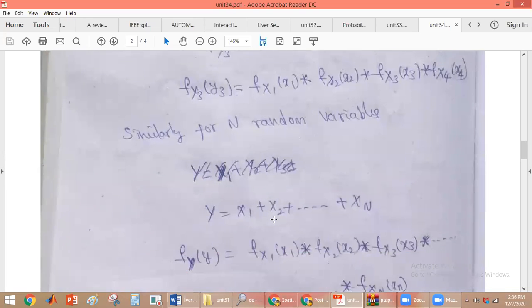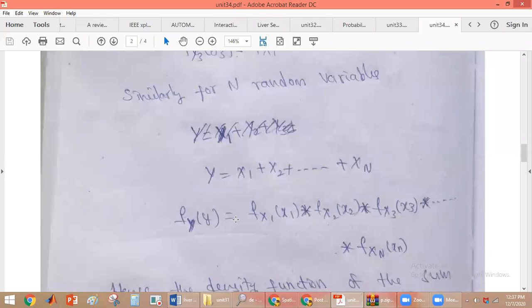Similarly, the same concept is expanded to n random variables. Here we take y equal to x1 plus x2 plus so on up to xn. So we are extending this to n random variables. In this case, the probability density function fy of y is the convolution of the probability density functions of the individual random variables, that is fx1 of x1 convolution fx2 of x2 convolution fx3 of x3, and so on up to fxn of xn.